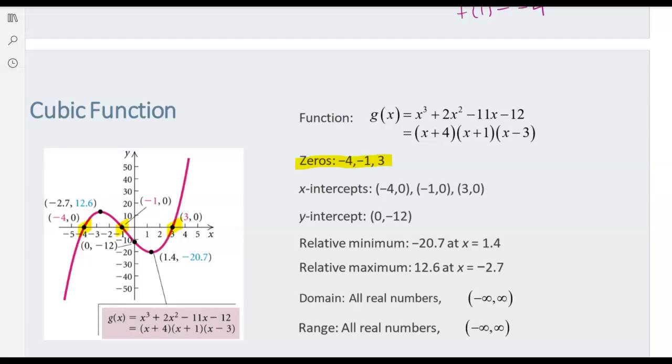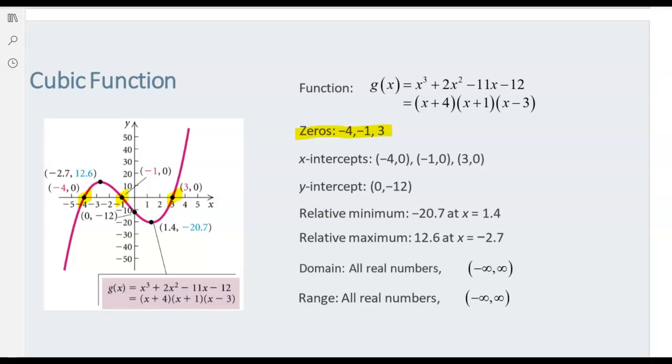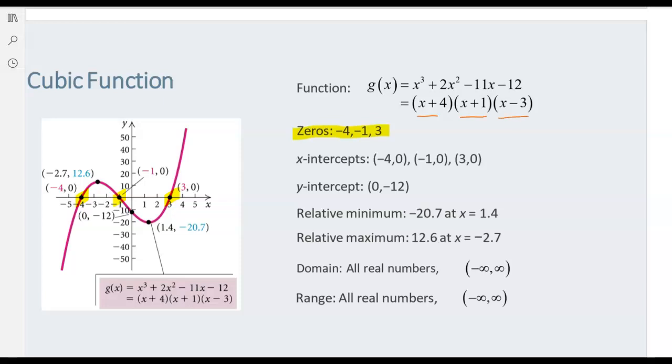The process to find those zeros is similar to what we did in the last example. We factor the given function, and when we set that equation equal to 0, we're able to extract the 3 zeros, -4 for the first one, -1 for the second, and 3 for the third.